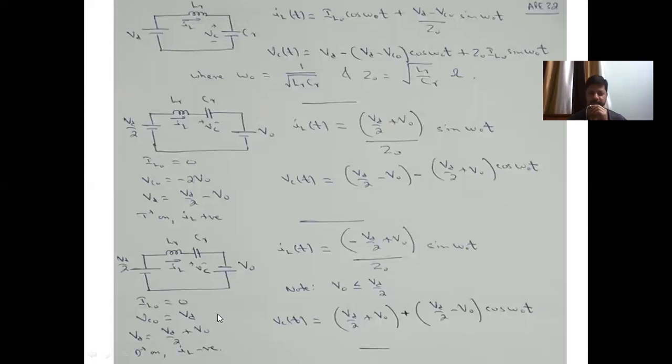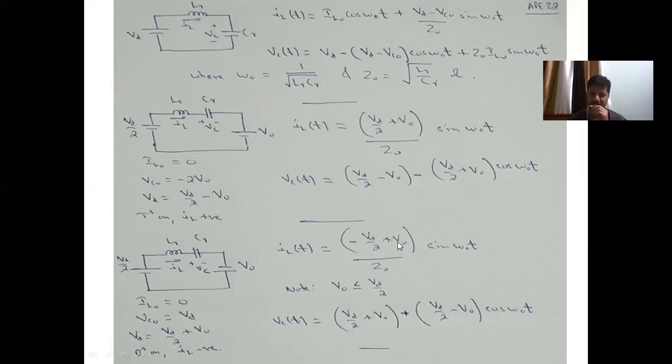So if we again see the initial conditions, then the initial inductor current is 0, the initial capacitor voltage is Vd. This voltage Vd now becomes equal to Vd by 2 plus V0. If you substitute this, you get IL of t is equal to minus (Vd by 2 plus V0) upon Z0 sin omega 0 t, and the capacitor voltage is (Vd by 2 plus V0) plus (Vd by 2 minus V0) cos omega 0 t.